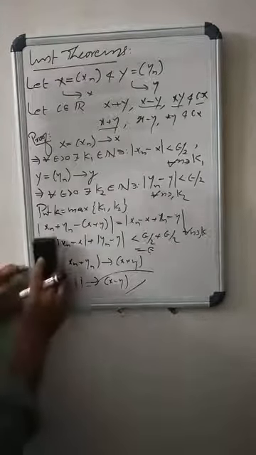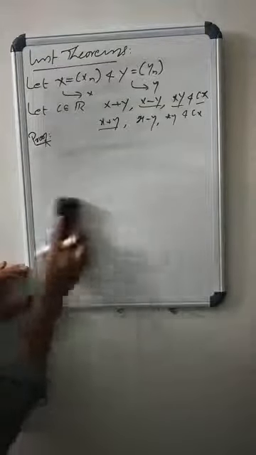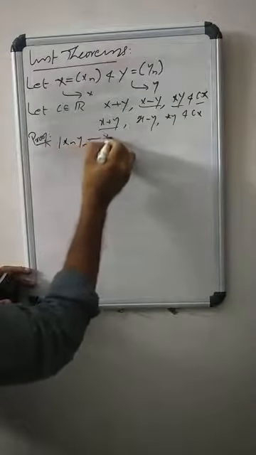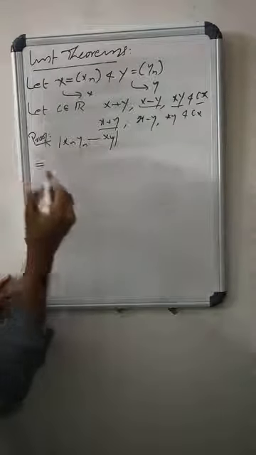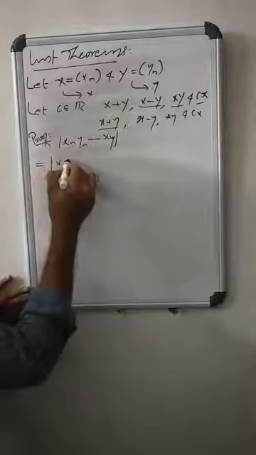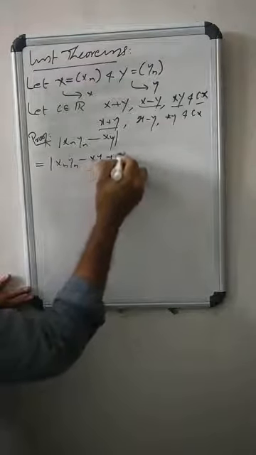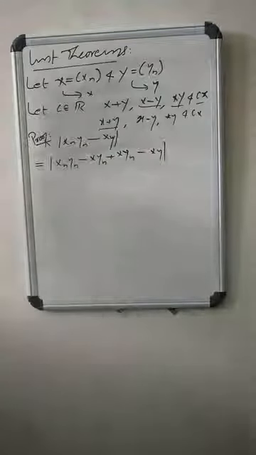To prove xn yn converges to xy, consider modulus of xn yn minus xy. That can be rewritten as modulus of xn yn minus x yn plus x yn minus xy. You can introduce plus x yn and minus x yn and rearrange.